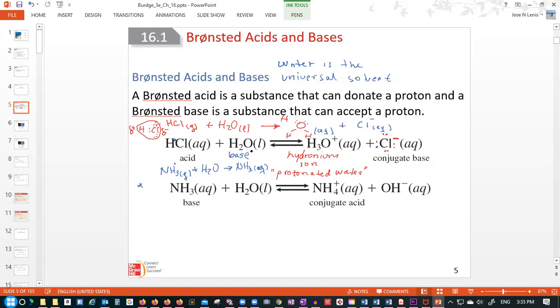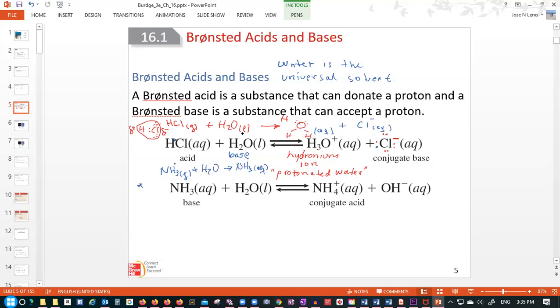So we define water as being base in that reaction. So the acid forms, according to the Bronsted-Lowry acid-base definition, conjugate bases. And the base forms a conjugate acid.